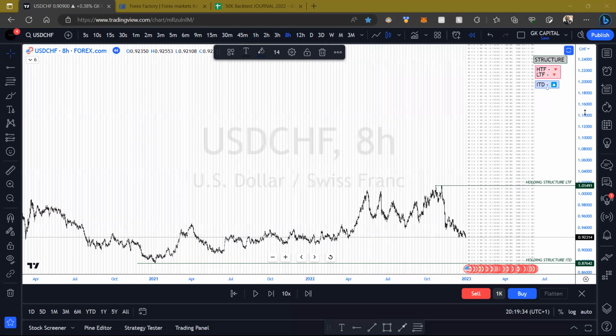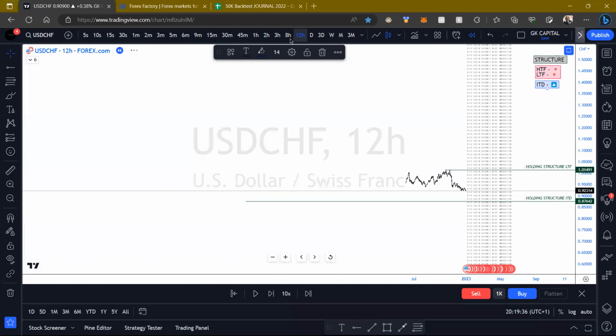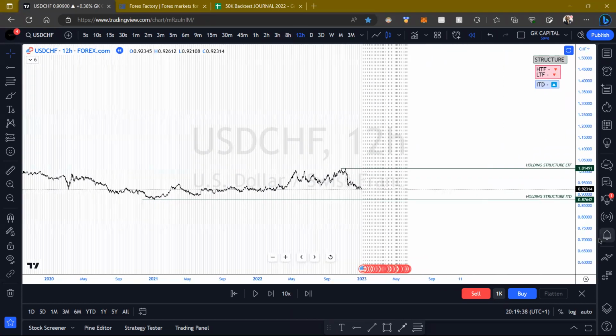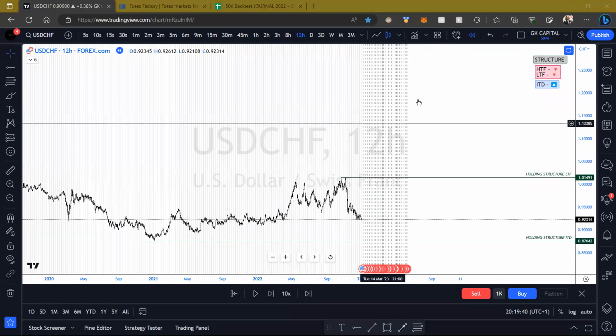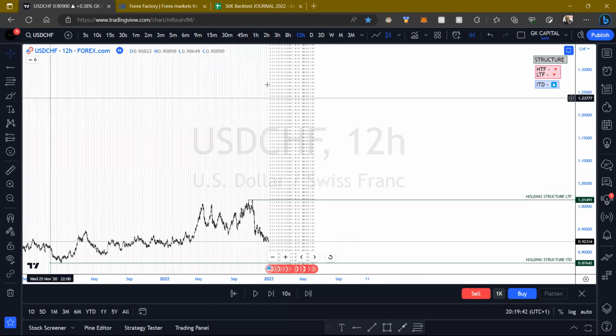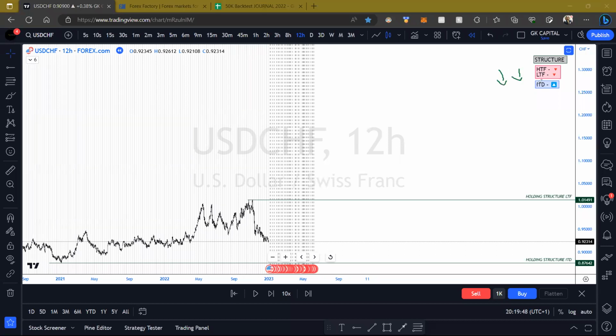Alright, cool. Before I even get into my leg, I already know that my high time frame and my lower time frame are bearish, and my intraday is bullish. That means that's where I'll be looking for my sells. I'll be looking at lower time frame mitigation candles and slingshots.